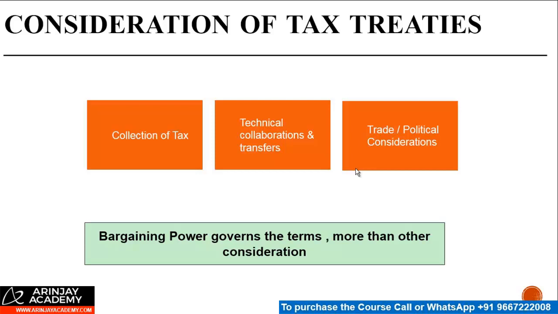So it is the bargaining power which determines who is going to be benefited more and who is going to be benefited less in terms of deriving the tax revenue, rather than a consideration as to what is fair and what is not fair, or where the source of income is and where it is not. But definitely these equations can change over a period of time, right?